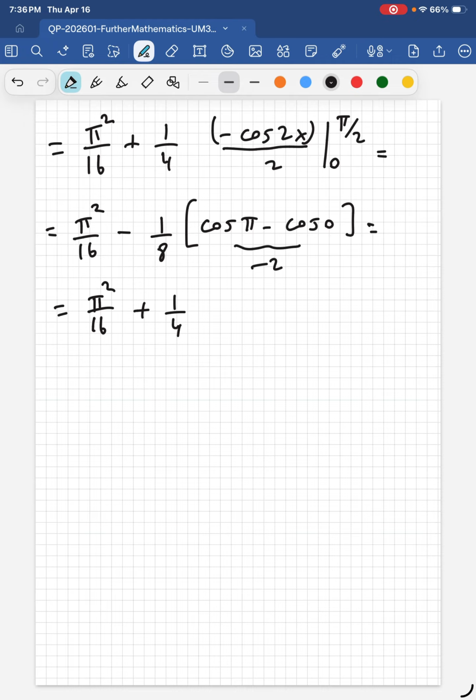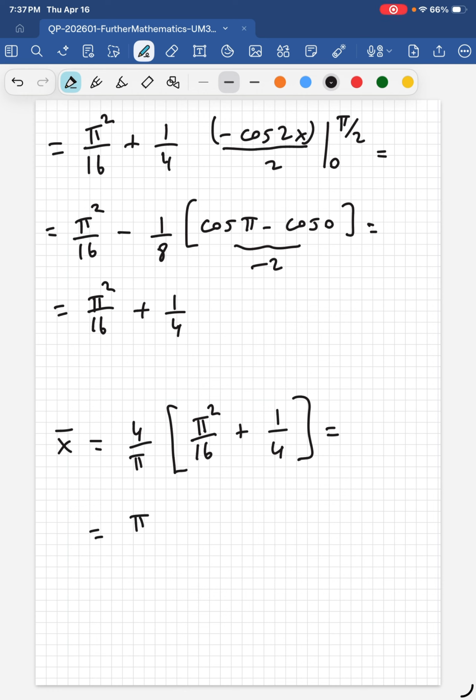Okay, so the x of the center of mass is, let me think. It's 4 over pi times pi squared over 16 plus 1/4. Okay, I confused myself. It's tough to do mental math on an iPad.